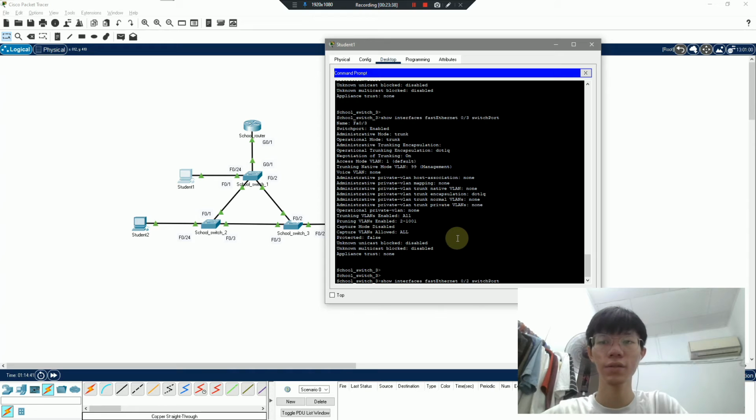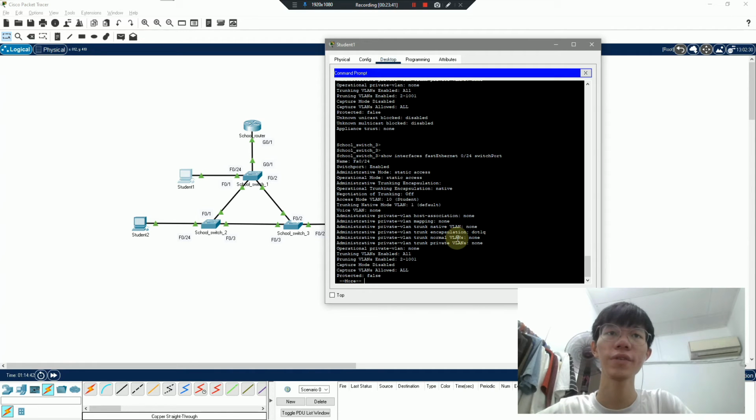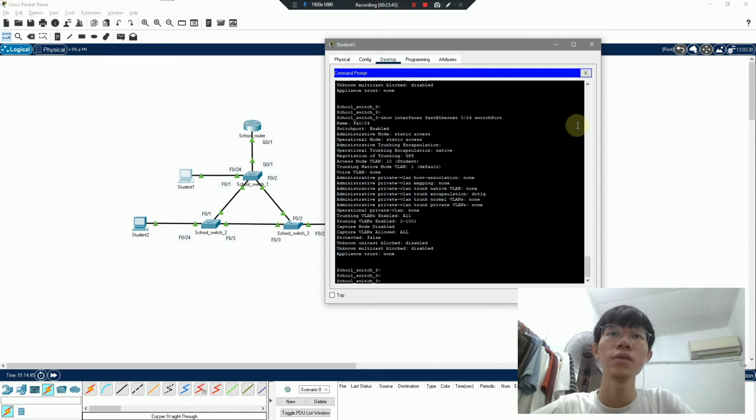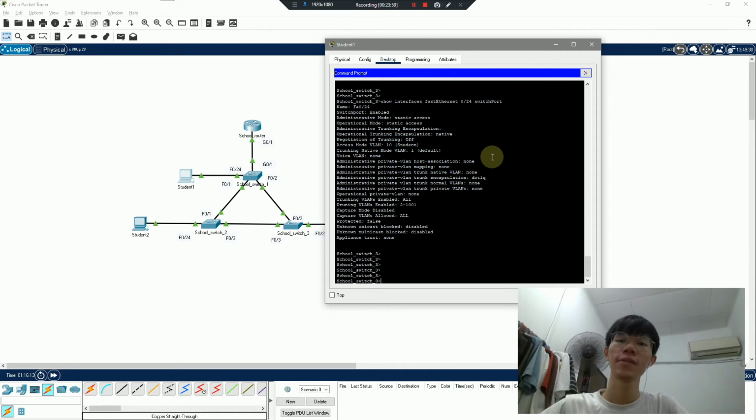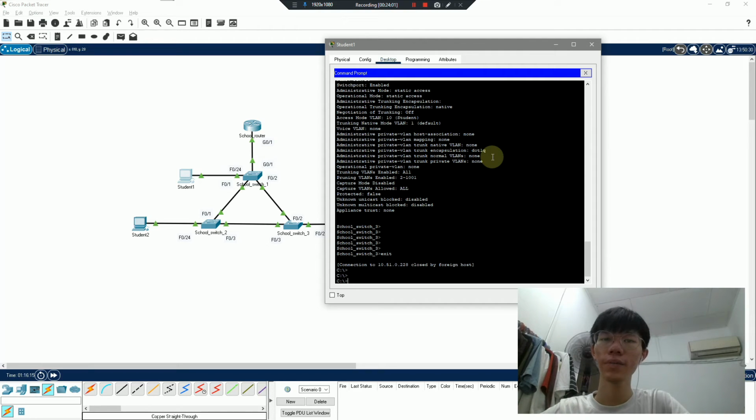So last is FastEthernet 0/24, which is in the static access mode, in access to the VLAN 10. Okay, so next I will verify my spanning tree configuration. So we switch to the switch 1.